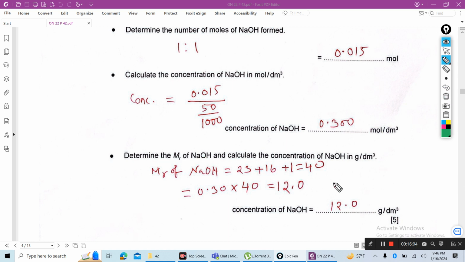So you know the formula: concentration in gram per dm cube equals concentration in mole per dm cube times molar mass. This is 12 gram per dm cube. This is the answer.